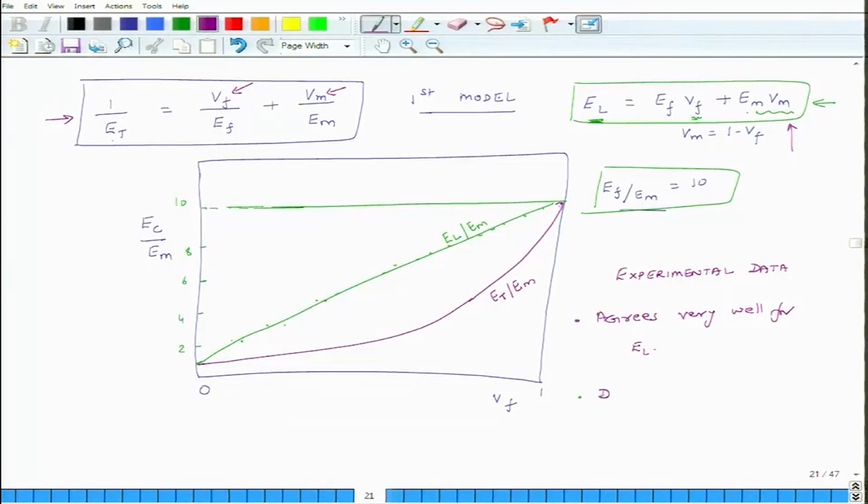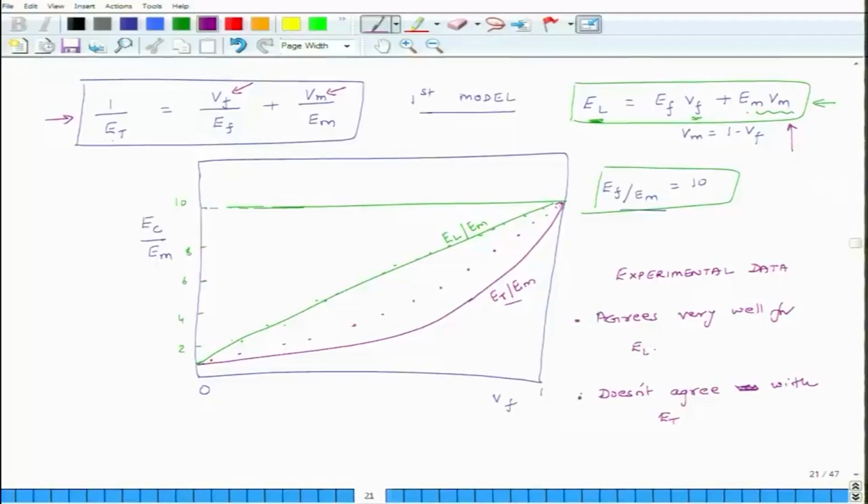But it does not agree very well with ET. If you look at the data for ET, it looks something like this. It starts at 0 and ends at 10, but in general the actual value of ET, the transverse modulus, comes out to be significantly higher than the calculated value of ET.